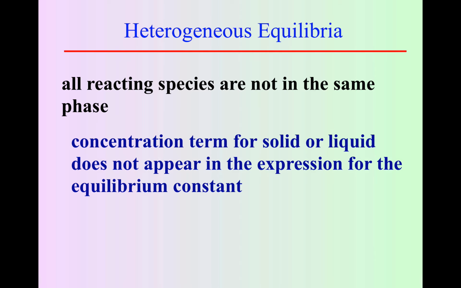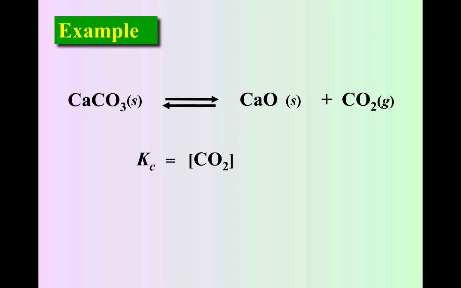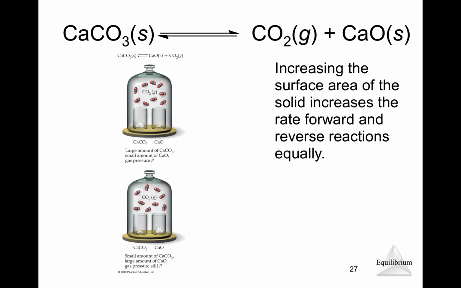So when we talk about heterogeneous equilibria, we're dealing with a solid interface. Something like calcium carbonate turning into calcium oxide solid and carbon dioxide gas. So when we talk about the Kc value, it's strictly based on the concentration of the carbon dioxide gas. The solids don't appear. And the reason for this is they have no impact on the position of equilibrium.